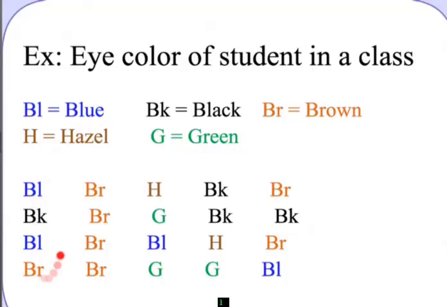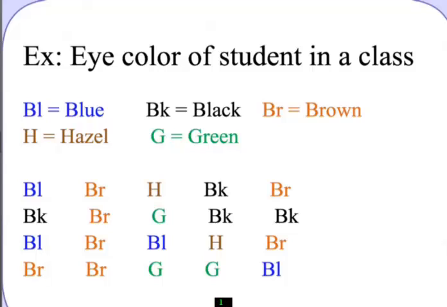As you can see, I've just put the results down as the students gave them to me. One student had blue, the next student had black eyes, the next student had blue eyes, then I had several that had brown eyes, then I had hazel eyes.